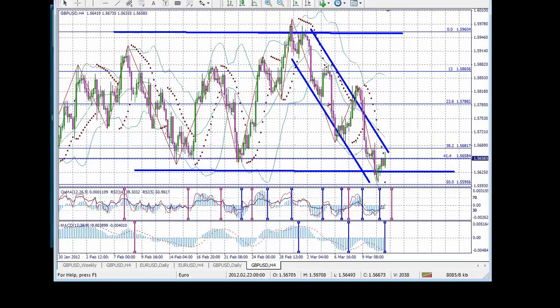Here one signal for buy, not confirmed by the MACD, but it was the second signal for buy, and also that signal was with confirmation from MACD.